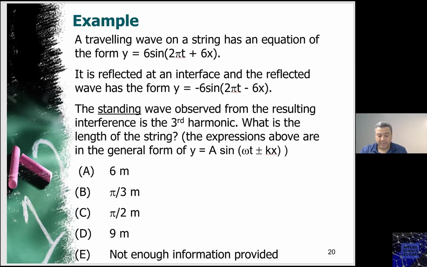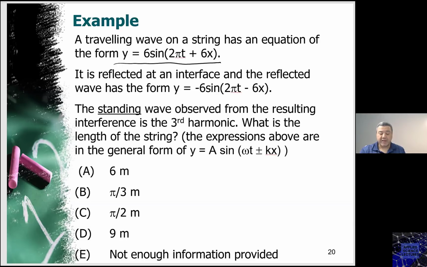The second example, we have a traveling wave on a string with an equation of the form, again, 6 sine (2 pi t plus 6x). It's reflected at an interface, and the reflected wave has the form y equals minus 6 sine (2 pi t minus 6x). The standing wave observed from the resulting interference is the third harmonic.